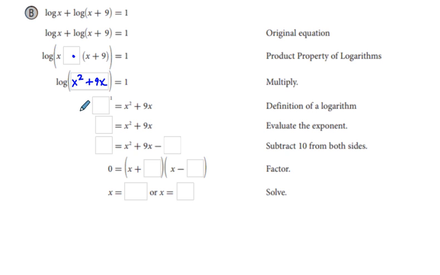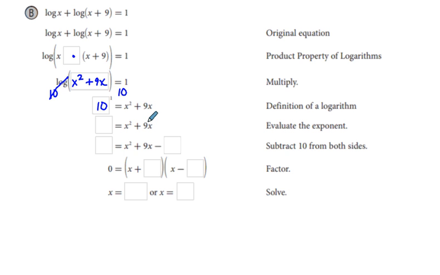So what we can do next is take each side to the power of 10. And when we do that, the 10 to the power of the log will cancel each other on the left side, and that leaves us with x squared plus 9x. On the right side, we have 10 to the power of 1, which is 10.